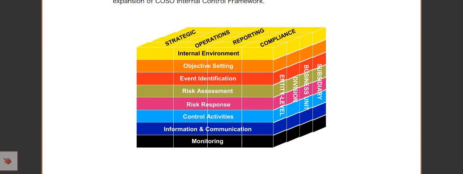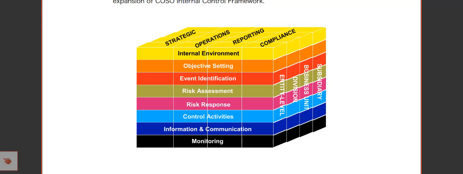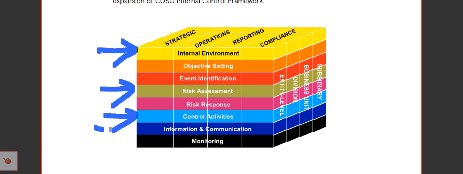If you just run through this model here, I'm not sure if you realize that it's actually a model that they build onto the internal control system. Because if you go to the internal control system, you notice that you will be having control environment, risk assessment, then control activity, then information system and monitoring.